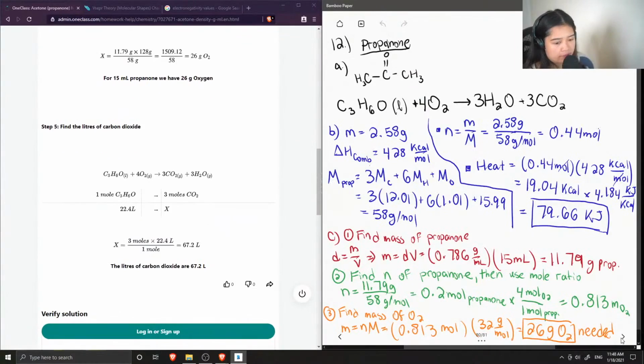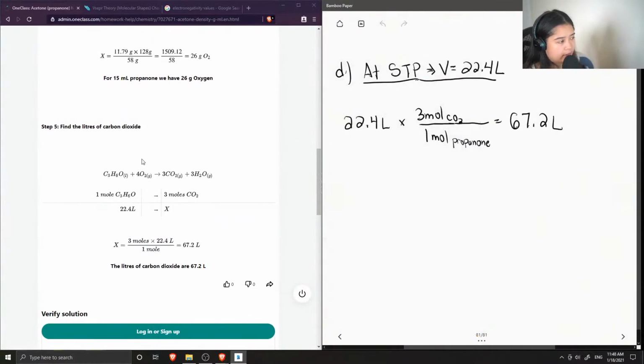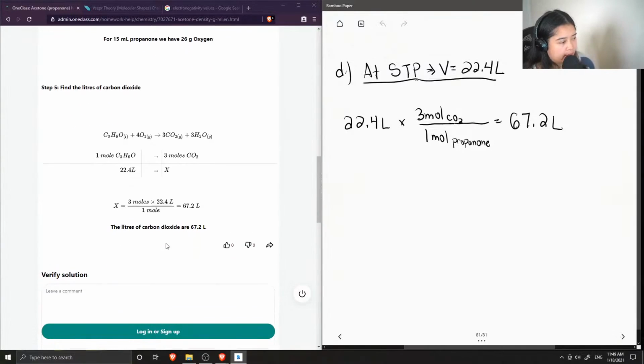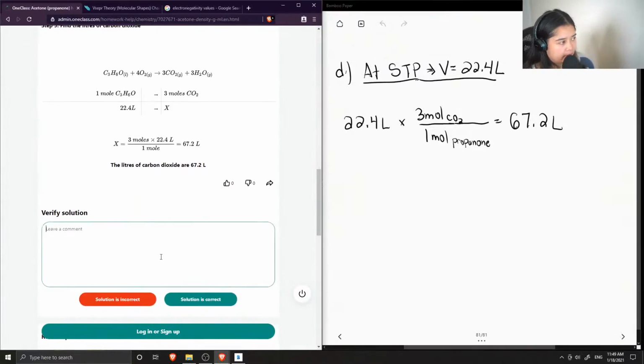And then step 5, find the liters of carbon dioxide. We have 3 times molar volume, which is 22.4, and they got 67.2 liters. Okay, so this solution is correct.